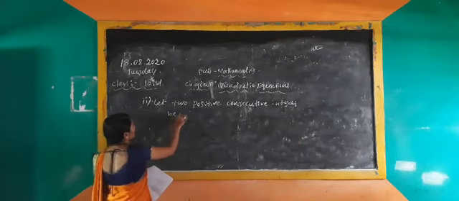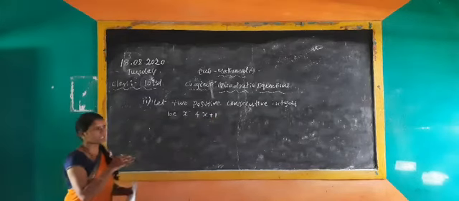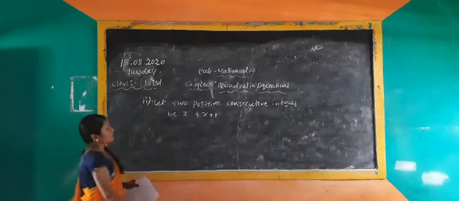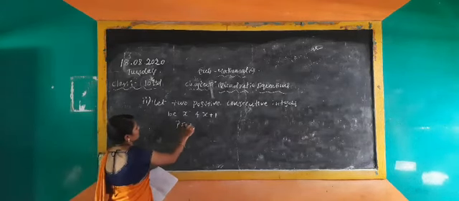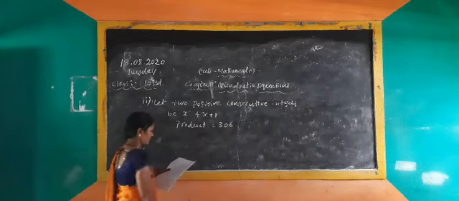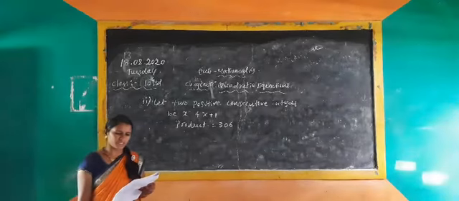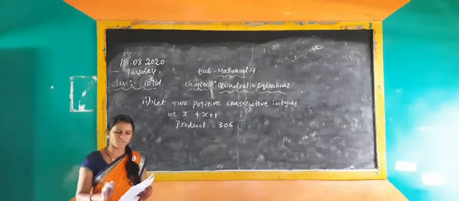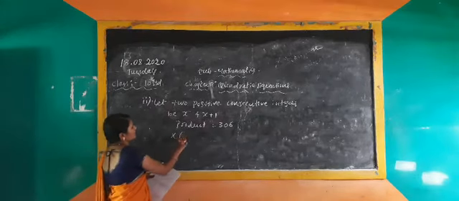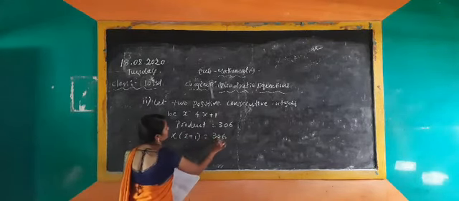Here I am taking x and x plus 1, and I consider a variable x. You can take y, z, b, anything. Here how much is the product? How much is the product given? 306. They are saying the product of two consecutive positive integers is 306. Product means you should multiply. That's why you have to take x into x plus 1 is equal to 306.